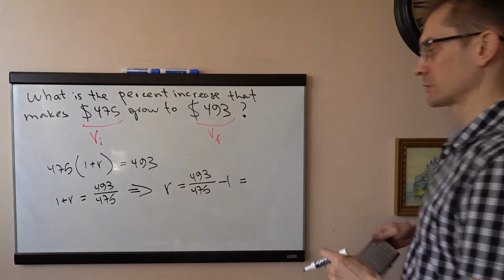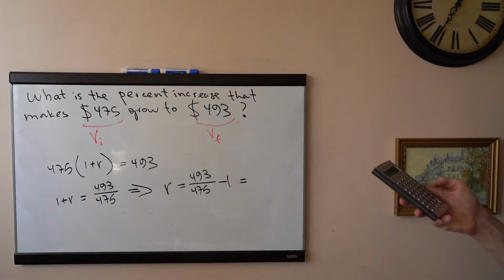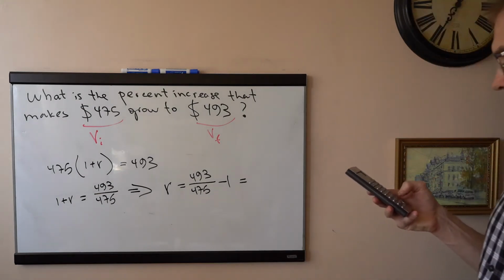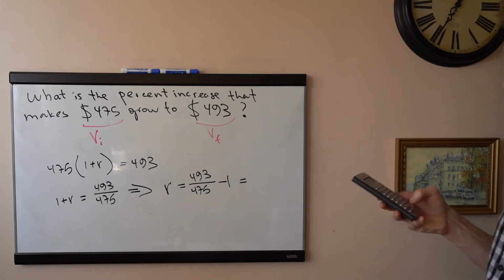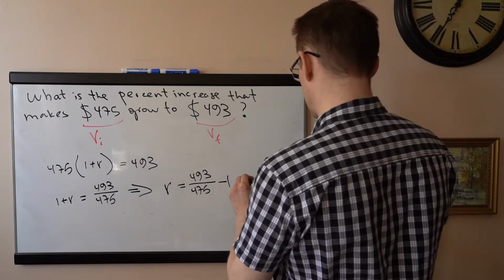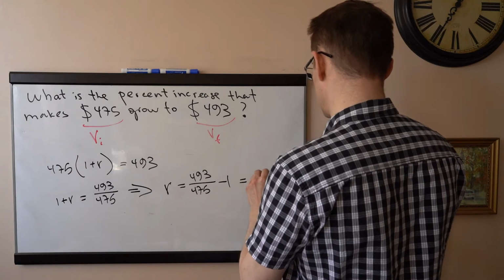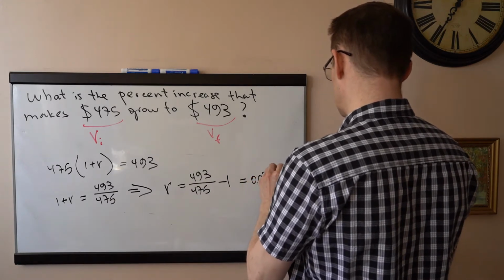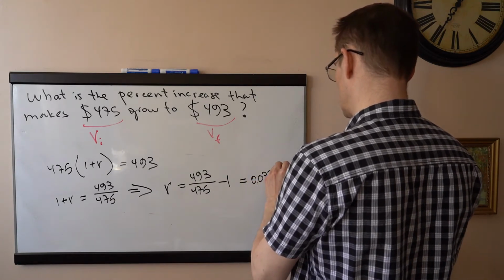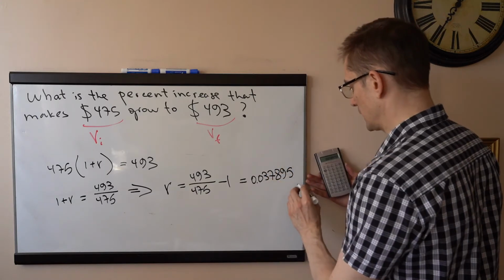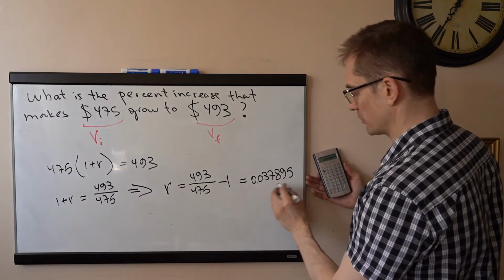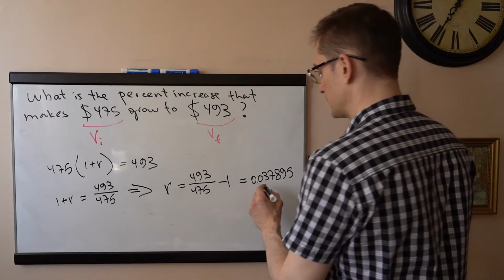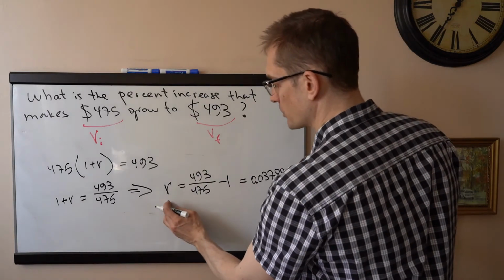Okay, so let's calculate this. 0.03789. I will round at that moment because that's enough for me, and that's the rate per 1 I found.